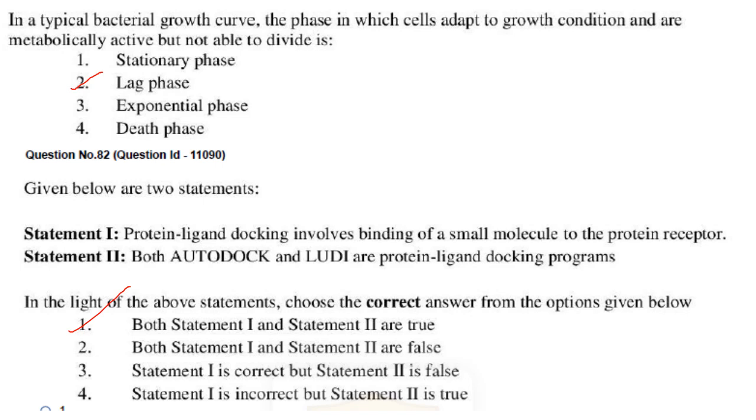So the answer here is option 2. Exponential phase is the time of exponential growth or the log phase of growth. Then stationary phase is when growth reaches a plateau as the number of dying cells equals the number of dividing cells. So the answer here is lag phase.